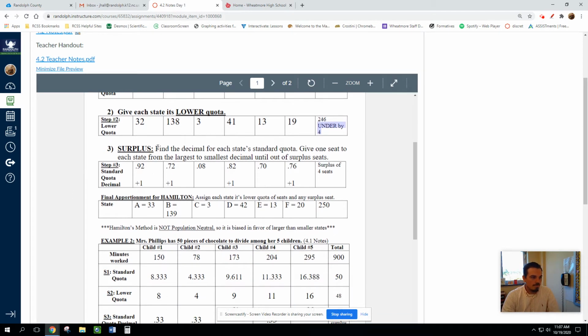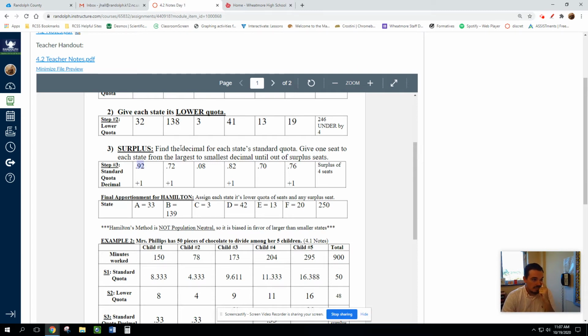Remember, we're going to find the decimal for each state's standard quota and give one seat to each state from the largest to smallest decimals until the surplus has ended. So looking here, we are going to take their decimals, list them out, and give an extra seat to all the states that have a higher decimal.